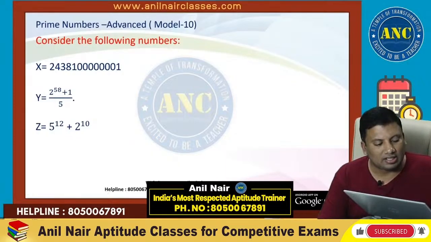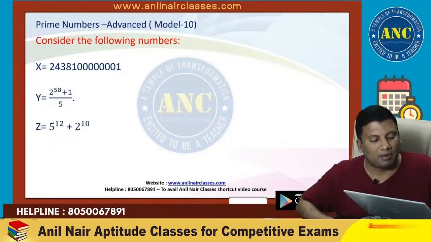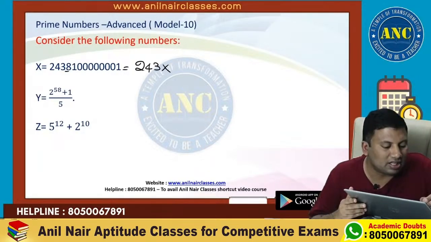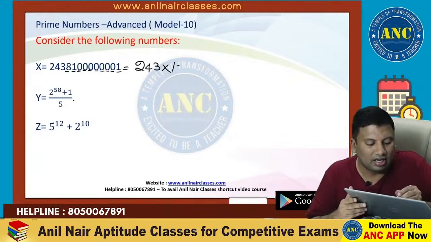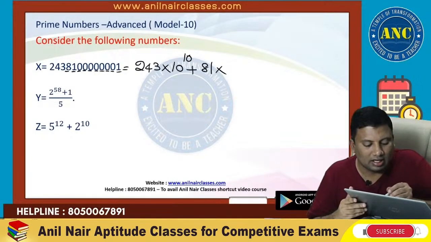Now see, consider the following numbers. Are they prime or composite? This is 243 followed by how many digits? 1, 2, 3, 4, 5, 6, 7, 8, 9, 10. So it is 243 into 10 power 10 plus 81 into 10 power 8 plus 1.